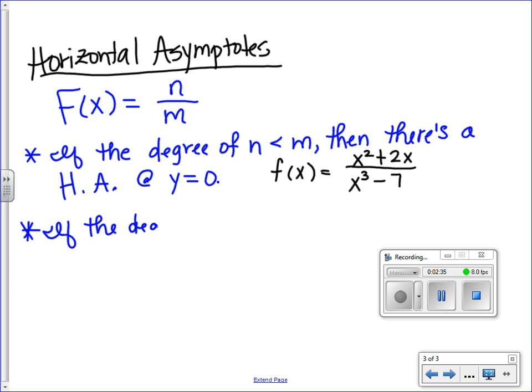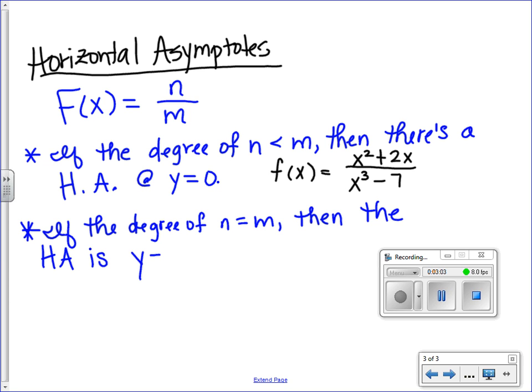If the degree of n is equal to the degree of m, then the horizontal asymptote is y equals the lead coefficient of n over the lead coefficient of m.